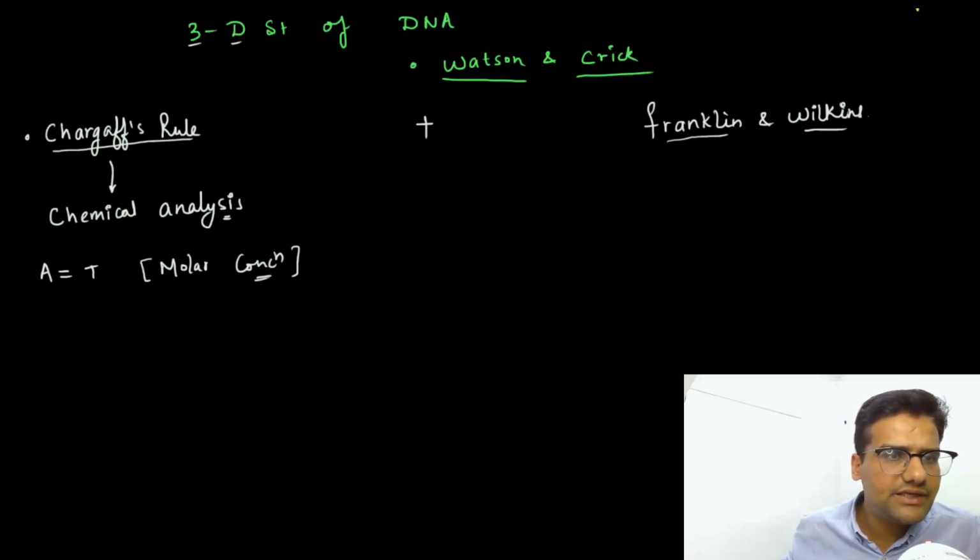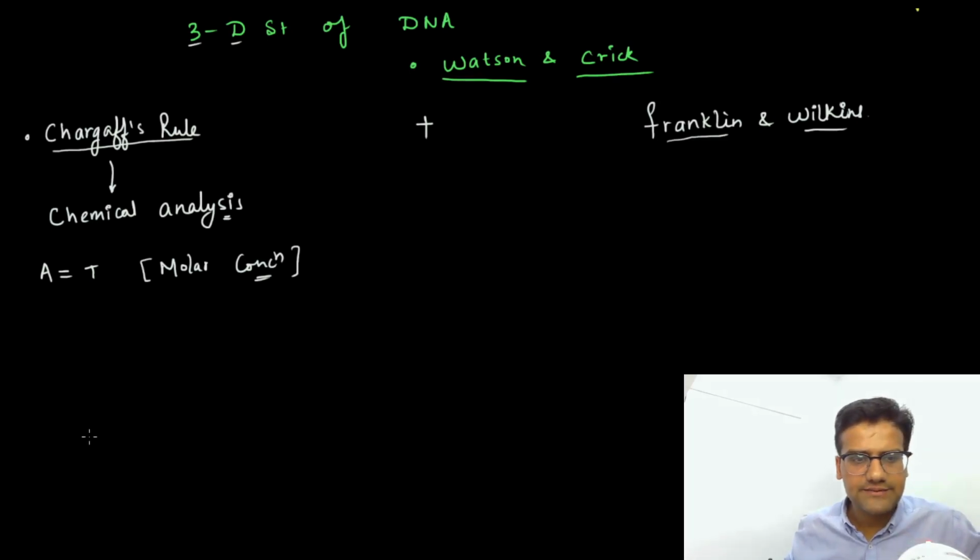Similarly, he gave another statement, that the molar concentration of guanine is equal to cytosine. So adenine is equal to thymine and guanine is equal to what? Cytosine. That means purine is equal to pyrimidine.